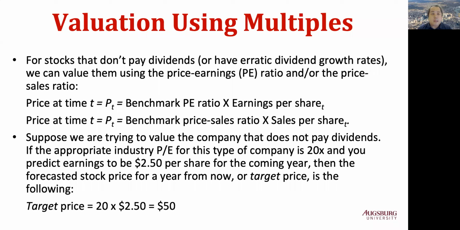Final topic is the alternative way to evaluate the stock, especially when dividend information is not available. One of the biggest caveats of the dividend growth model is that we cannot use this formula for firms that do not pay dividends.